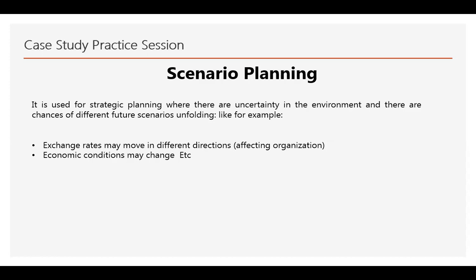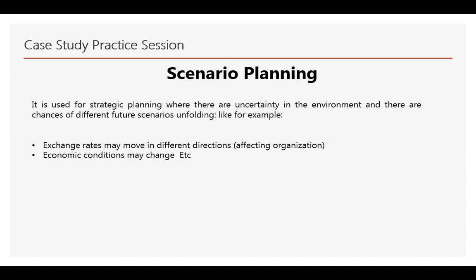Like the demand may be increasing, but the exchange rate may be moving in an adverse direction. So this is another situation that may arise. So we can have different types of scenarios based on the variations in these two factors, but there may be more factors that are uncertain.